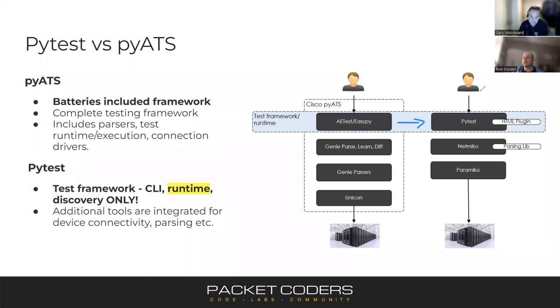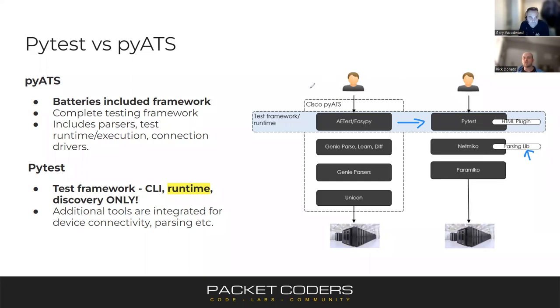If you're building a network testing stack using Pytest, you have to bring in something to be able to connect to the devices. So either Netmiko, and then you have to use parsing libraries, or you might bring in something else and connect out to some REST APIs, something like the Arista Pi API. Then you don't need to do any of the parsing, it comes back as structured, but you've got those two different things here, right?